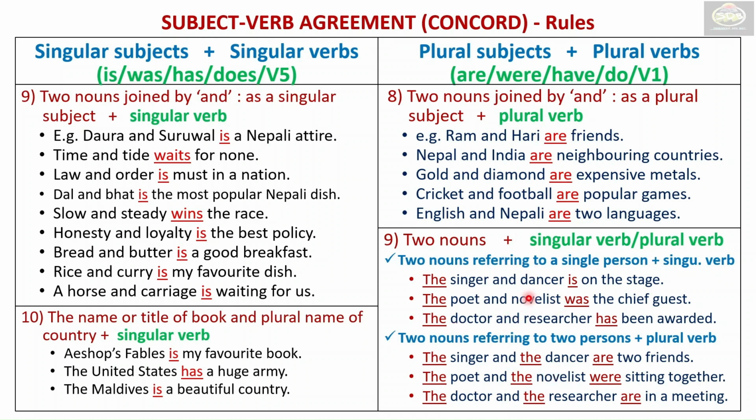Therefore, nouns with only one "the" form a singular subject, and nouns with two "the"s for two different persons form a plural subject, and we have to use a plural verb here. The singer and dancer is, the singer and the dancer are. The poet and novelist was, the poet and the novelist were. The doctor and researcher has, the doctor and the researcher are in a meeting.